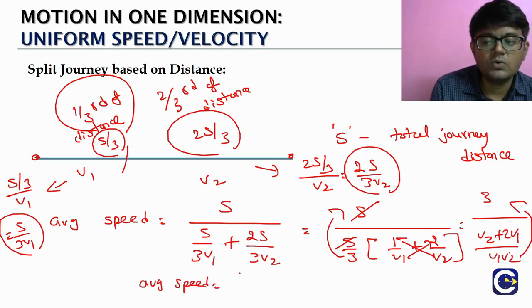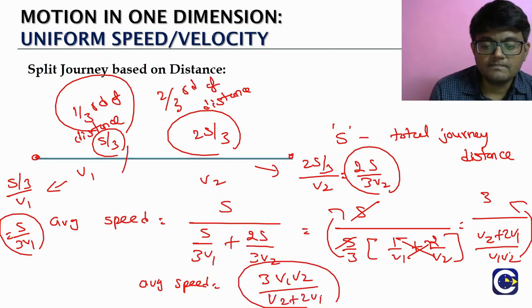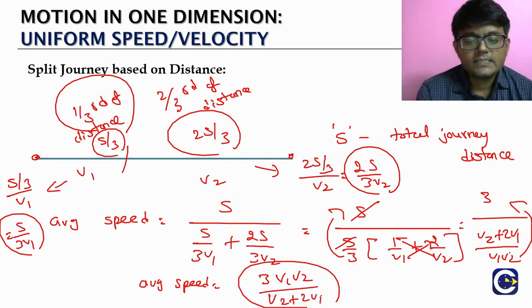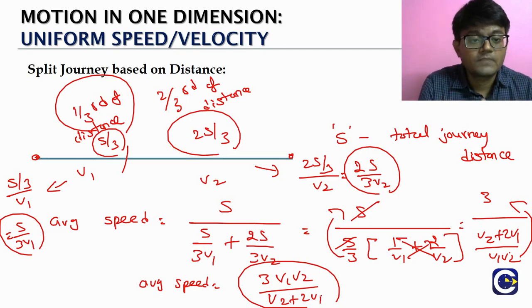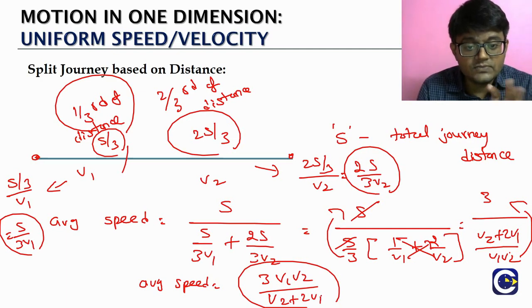Average speed will be equal to 3V1 V2 by V2 plus 2V1. This is the formula we have for the average speed when we are dividing the journey into 1/3 of the distance with a speed V1, and 2/3 of the distance with a speed V2.